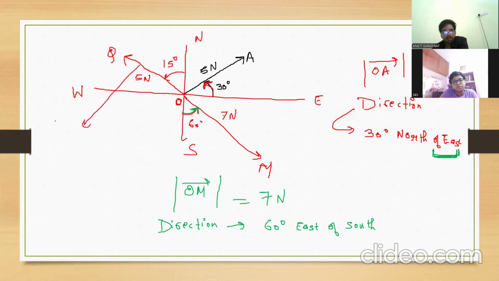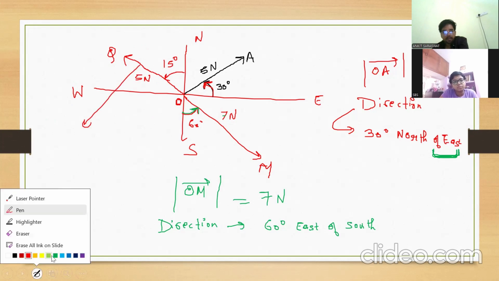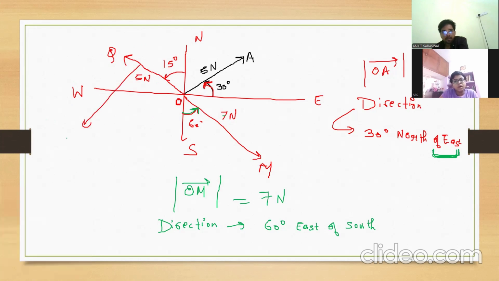The magnitude is 5 Newton. The direction is 15 degree north of west. Are you sure? West of north. Very good, because you can see the arrow is pointing towards west. You are moving from north. So west of north. From north, you are going towards west. That's why I'm teaching this topic.